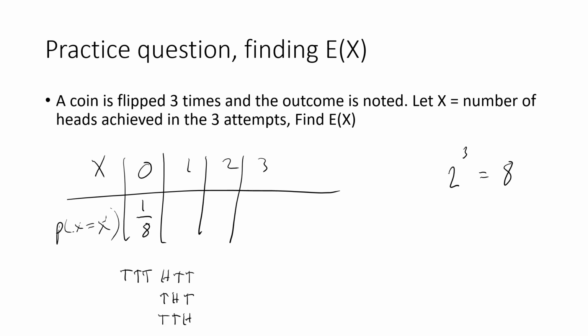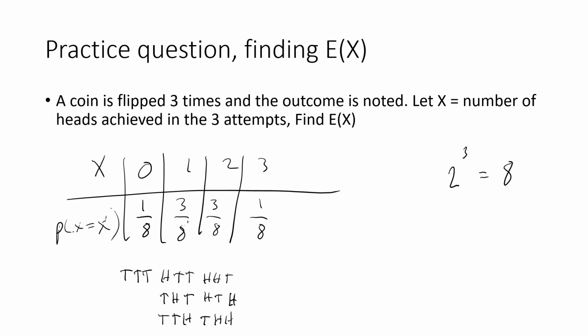So that gives us 3 out of 8. Now the same thing for 2 heads. We can have 2 heads and a tail. We can have head, tail, head. And we could have tail and then 2 heads. So that's also 3 out of 8. So that must mean this is 1 out of 8. Okay, so we have the probabilities. Now what do we do?